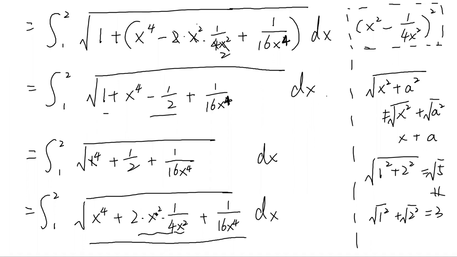Let me make more modification here. So 1/2 is equal to 2 times x squared times 1 over 4x squared. The first term, x to the 4, is x squared squared. The last term, 1 over 16x to the 4, is 1 over 4x squared, squared.